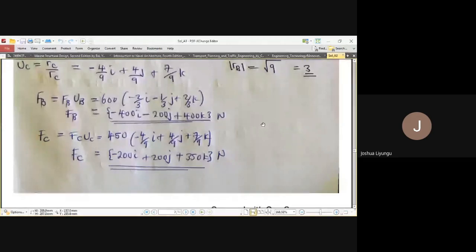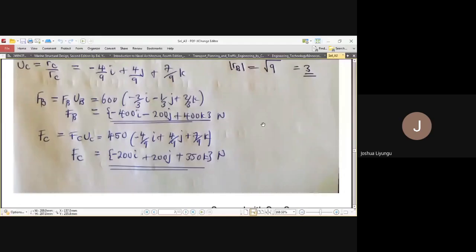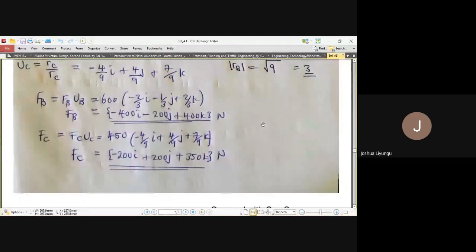The way you type, if your answer is like that one, negative, no space 400, no space I, no space minus, no space 200, no space J, no space K. Don't type the Newton where you are putting your answer.